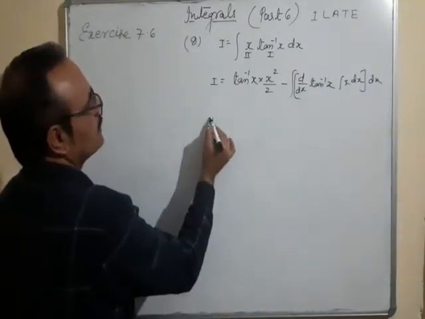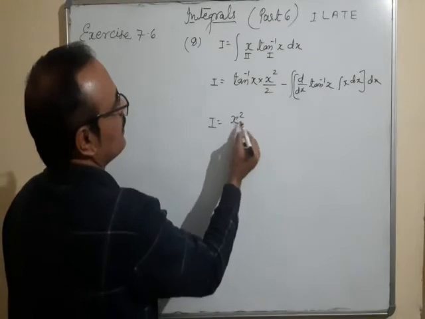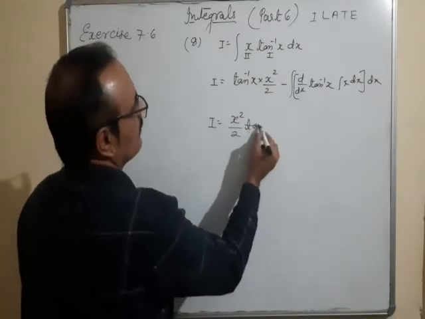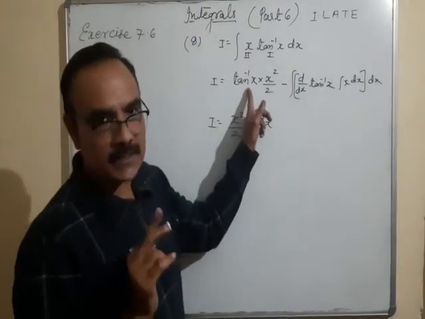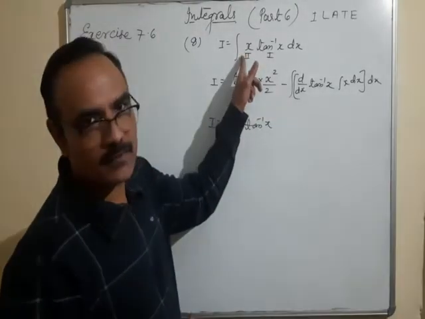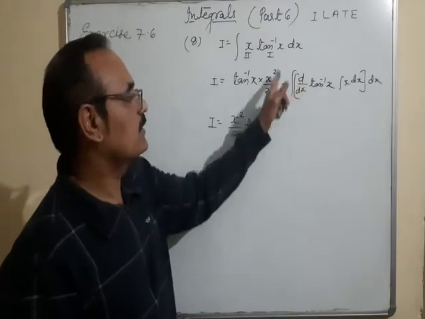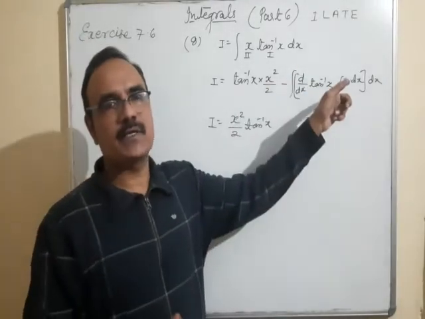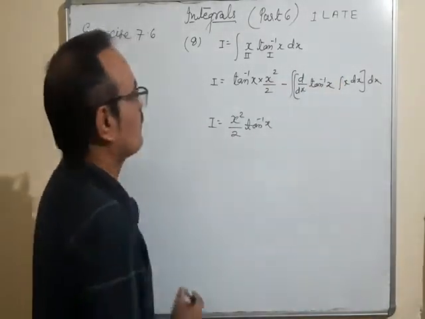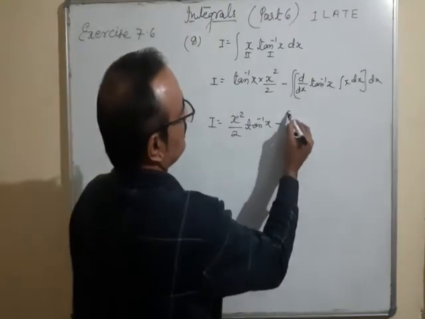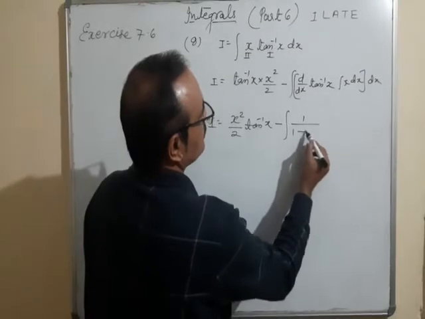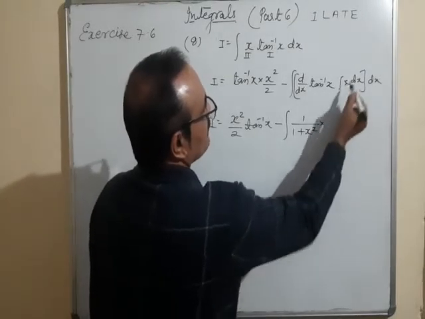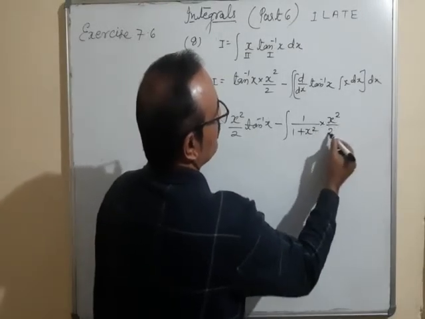So I is equal to x square upon 2 tan inverse x. Have you understood? First function tan inverse x, integration of second function. Integration of x is x square upon 2, minus differentiation of first function, integration of second function and whole integration. Minus differentiation of tan inverse x, 1 upon 1 plus x square, into integration of x, x square upon 2, dx.